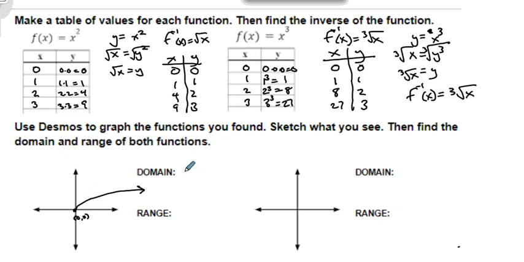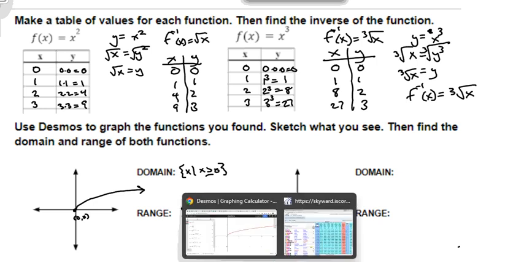So our domain is going to be all x such that x is greater than or equal to 0. And then our range is similar: all y, y is also greater than or equal to 0 in this case. Okay? So that's what we got for our square root functions.